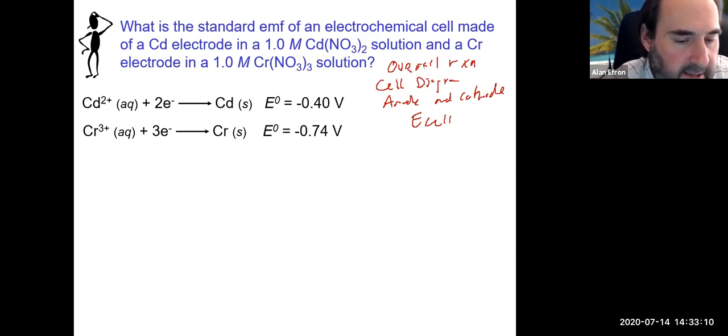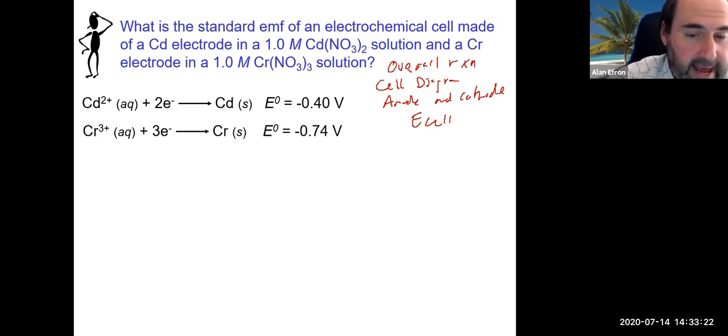Okay, so let's take a look here, see how we're doing. Let's first start off with, we have a galvanic cell basically, and we're told we're putting it together with cadmium and chromium. So we want to determine which one is our anode and our cathode. We can use the SRP values, which is where these come from, that table that we just saw.